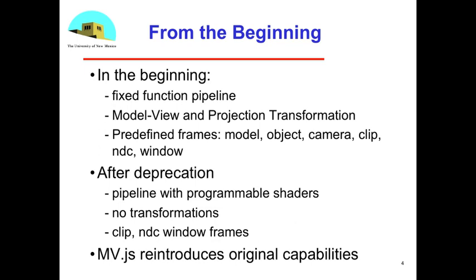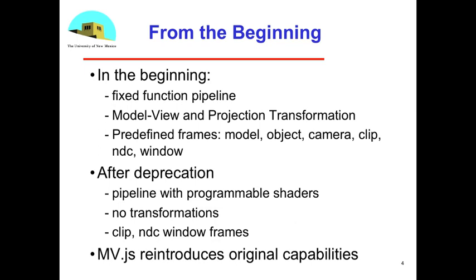So those frames at the end of the pipeline still exist, but everything in the user space, the application space, the camera coordinates, object coordinates, and model coordinates, is totally up to you, and to get between them, you have to define the transformations. Now, we've gone through transformations, so you should, at least in principle, understand how you can combine them to get a desired transformation.